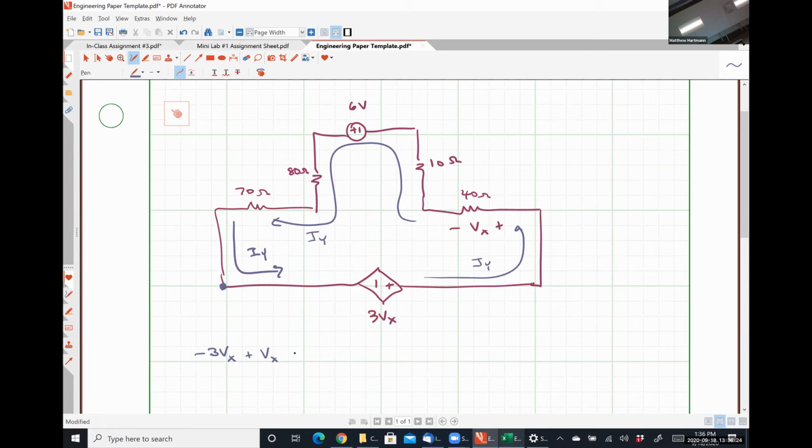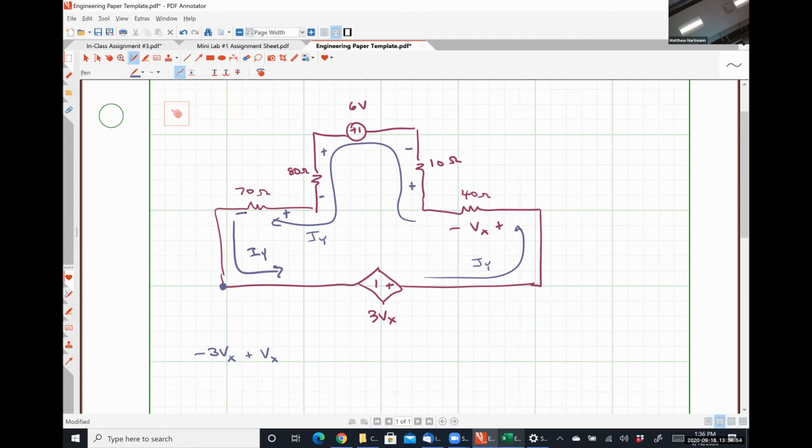So what I'm going to do is assume that the positive polarity terminal is here, negative here, positive here, negative here, positive here, negative here for each of these, so that the current is flowing into the positive polarity terminal, because that allows me to say, if the current's flowing into the positive polarity terminal, then for those voltages I won't have to add an extra negative sign in like we discussed in the last class.